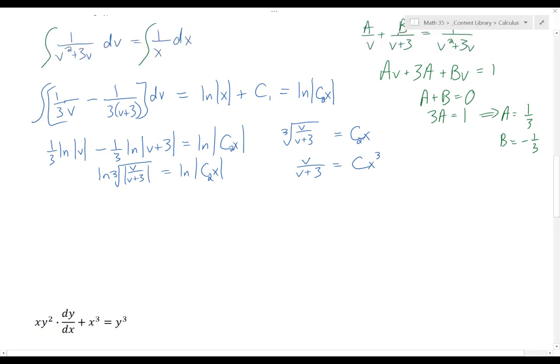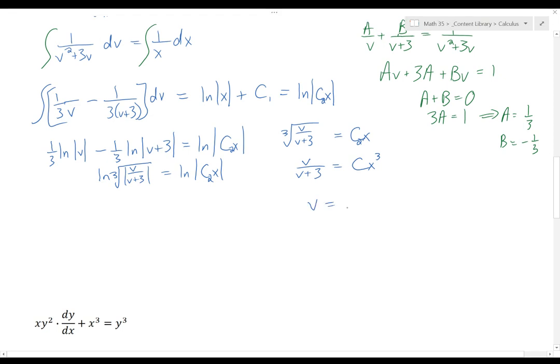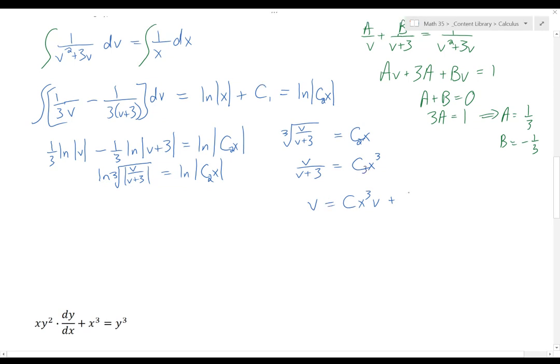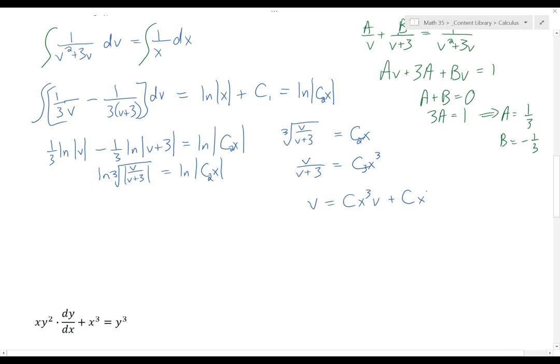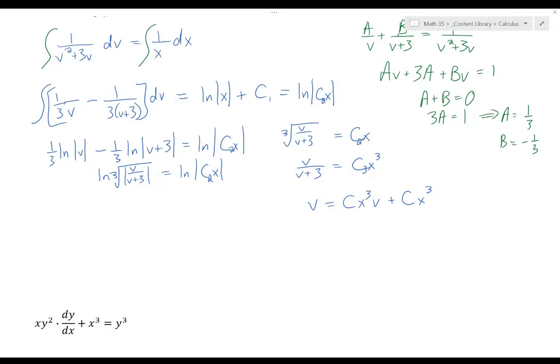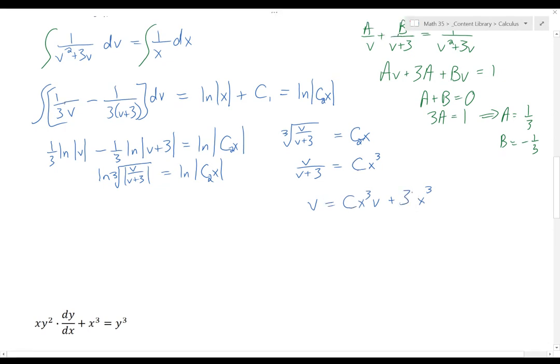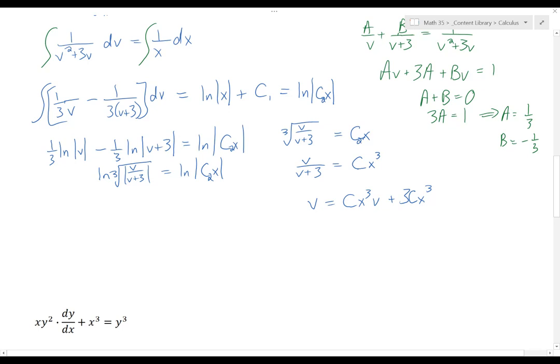So isolating v here is a little bit tricky, but not too bad. So I get cx cubed v plus, oh, I'm going to call that c3, because now when I multiply it by 3, it's just some new constant. So actually, these are two different constants. You know what? Rather than have two different constants, I'm going to keep 3c. Yeah, that'll do.